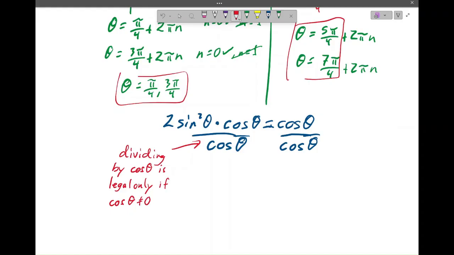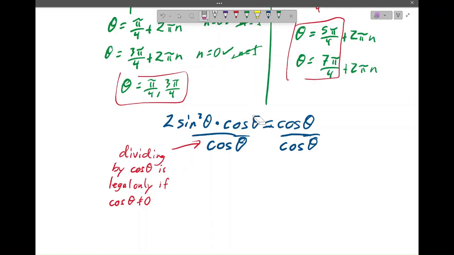If cosine of theta was equal to 1/2, then, well, I could divide both sides by 1/2, and that's totally algebraically legal to do. But if cosine of theta is equal to 0, I can't actually do that. But if cosine of theta is 0, then maybe it is a solution. And so by doing this process, we would have lost it.